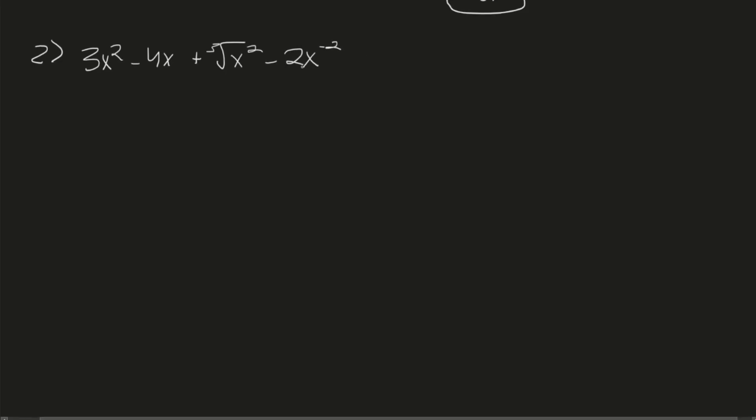So let's have the derivative of 3x squared minus 4x plus square root of x cubed. Actually, no, let's make that the cube root of x squared minus 2x to the negative second power plus 5 at the end.